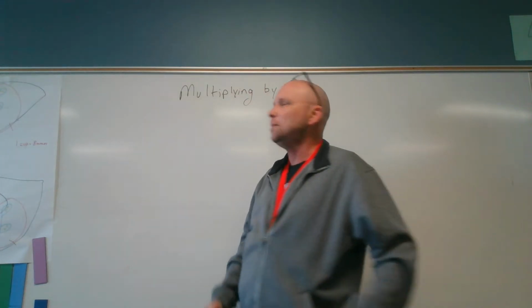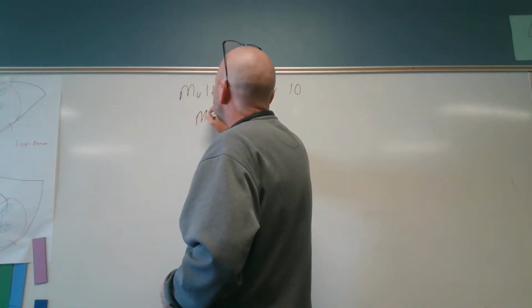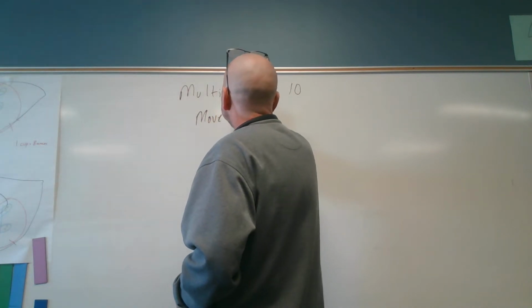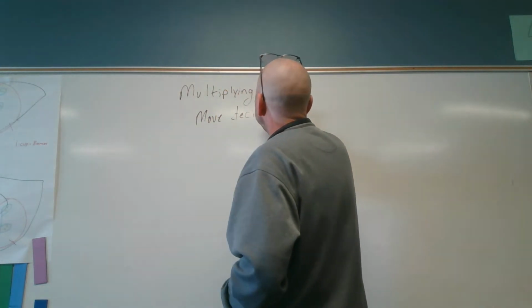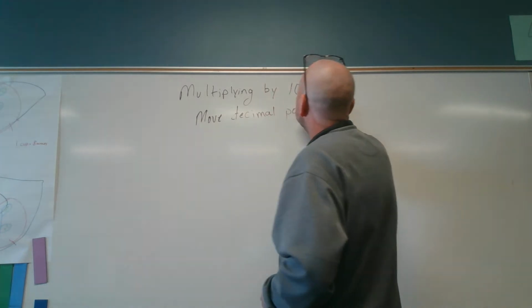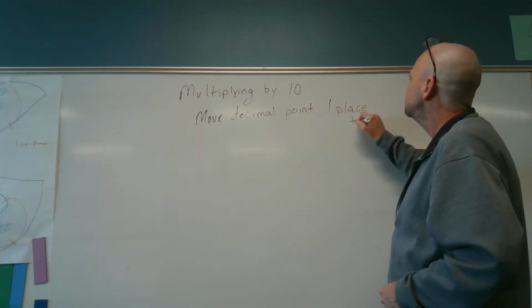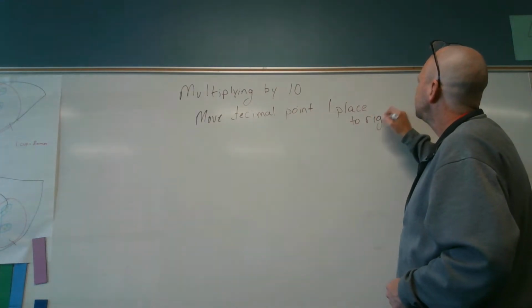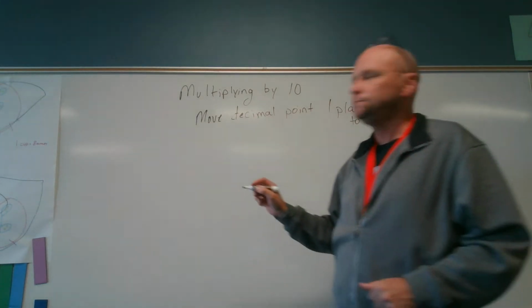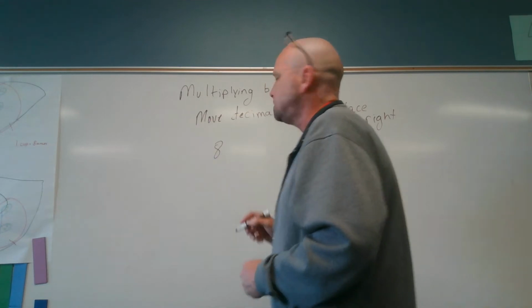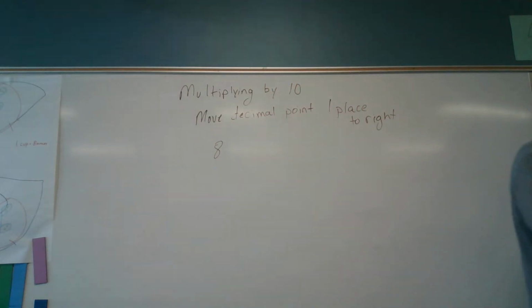So when you multiply by 10, all you're doing is moving the decimal point one place to the right. For example, if I have the number 8, Cheyenne, what is the place value for this digit?